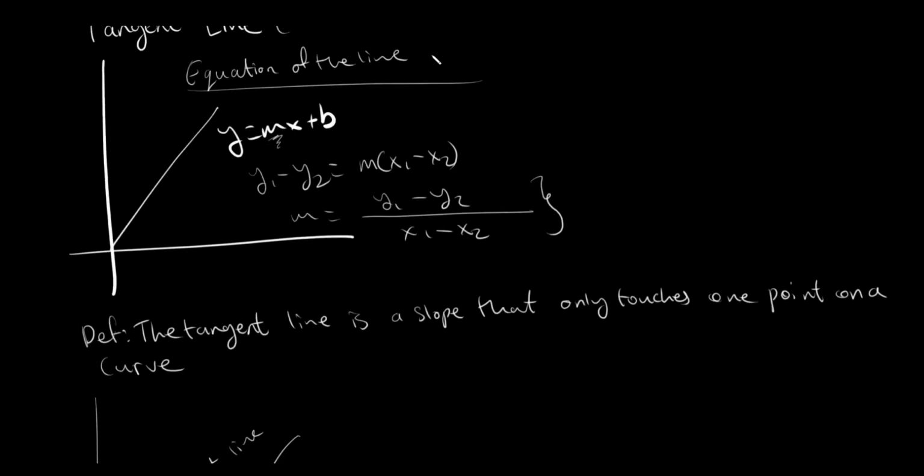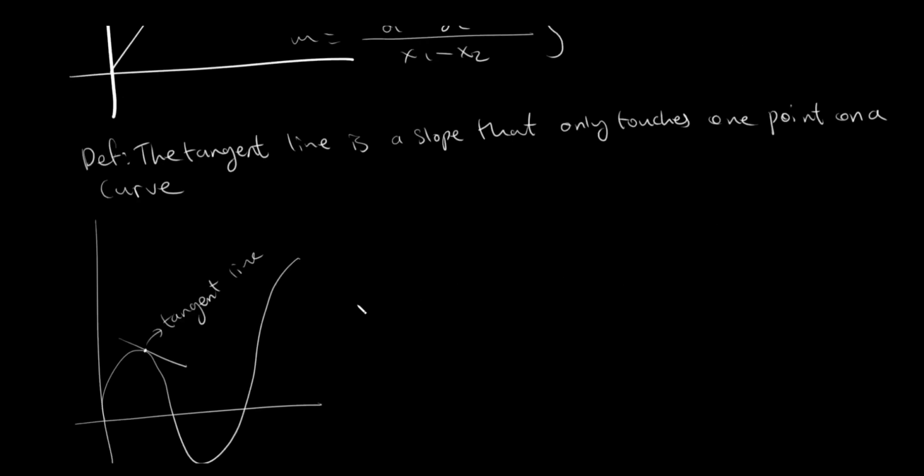And to make it easier for you guys, I just want to give you a reference. Here the equation is a line, and the slope is constant everywhere, except for a curve. A curve doesn't have a constant slope.